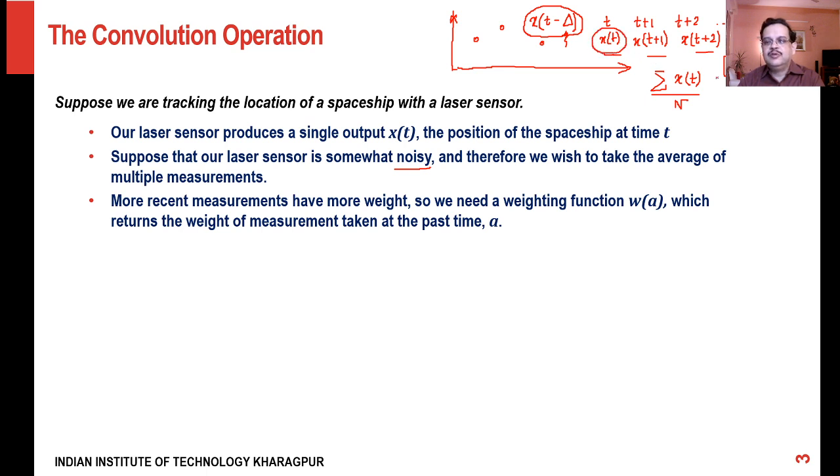So if I include that also in this summation and average, then the output that I get is not going to be very accurate in terms of the position of the spaceship. Given that it is moving away, I should not take the same weightage of the samples which are recent and samples which are taken from the past.